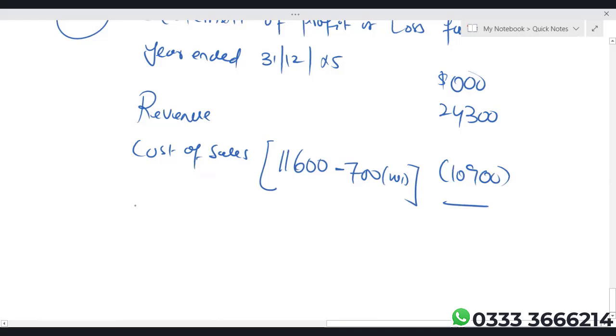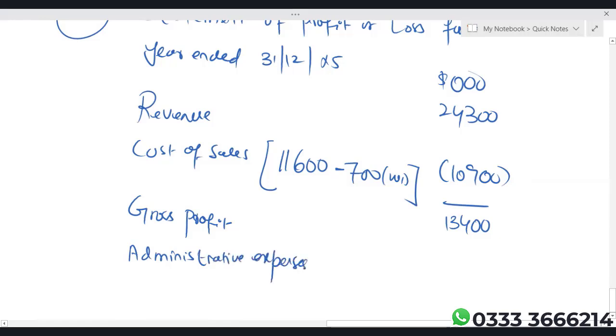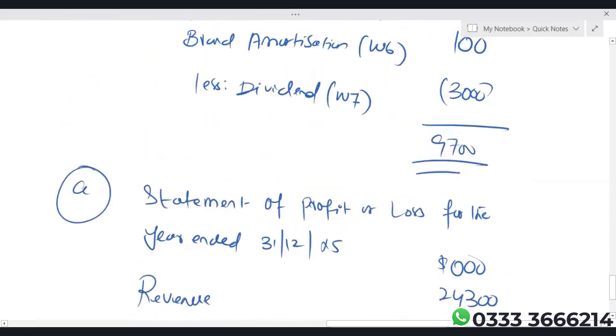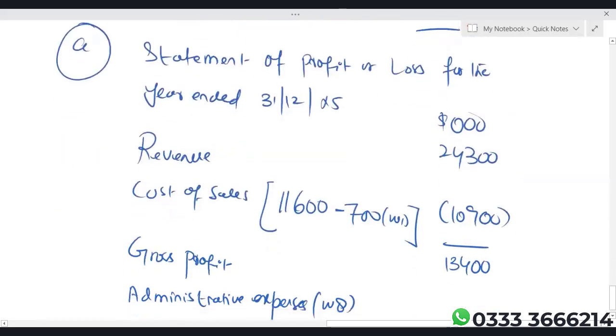So here comes your gross profit. The gross profit is 13,400. Administrative expense we have calculated in working 8, 9,700.